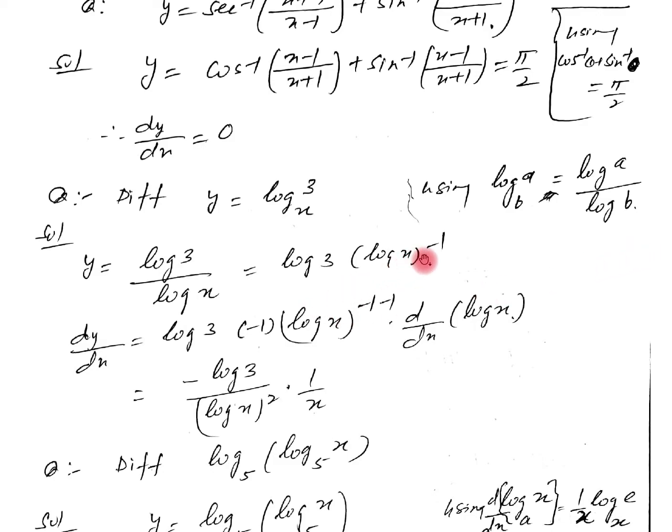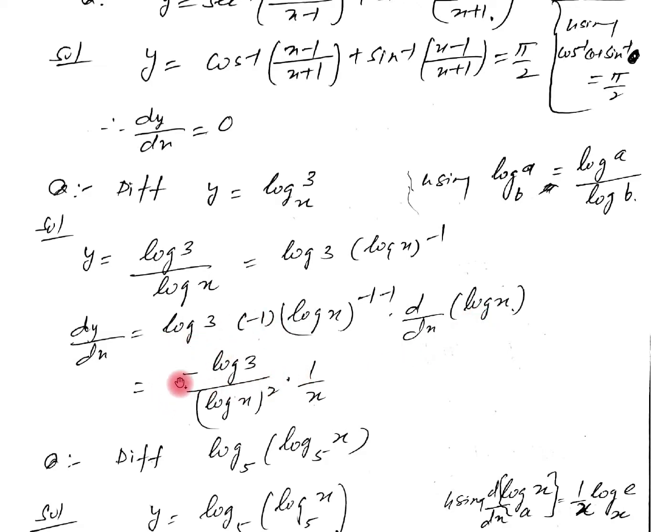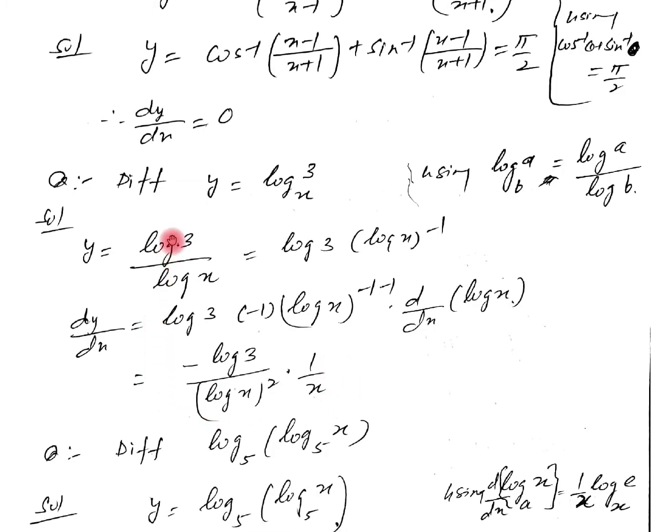We have used this result, so this power comes here, log x to the power minus 1 minus 1, into the derivative of log x. Now again simplifying, this is minus log 3 upon log of x whole square. Again the derivative of log x is 1 upon x.